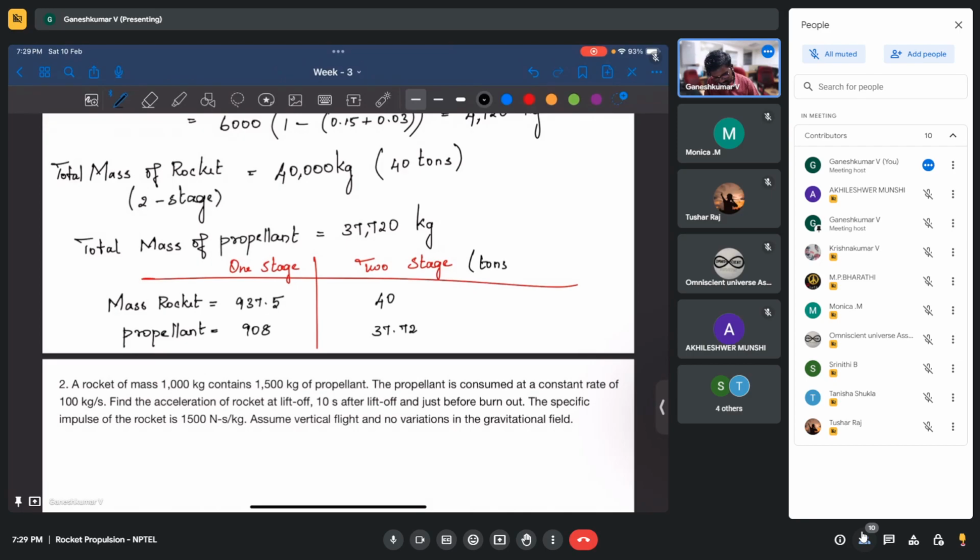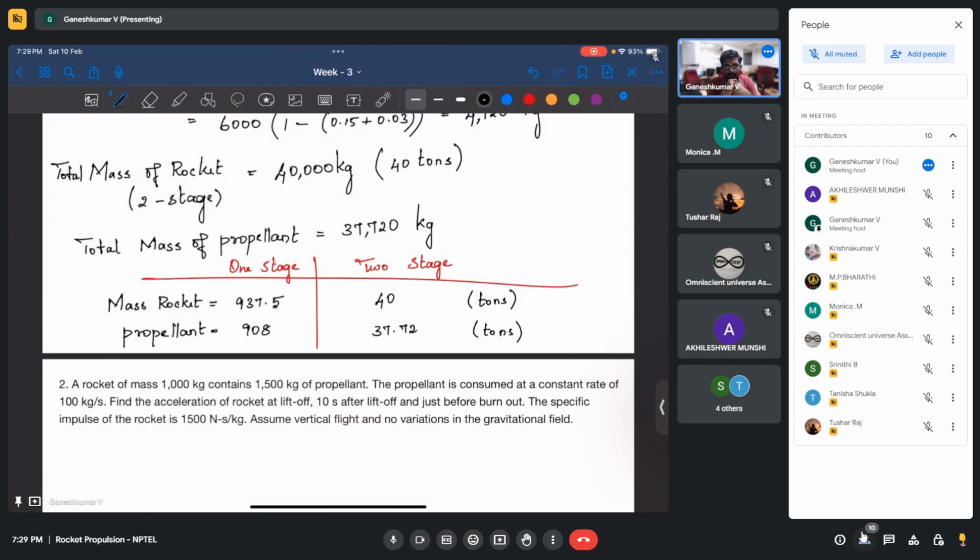All are in tons. So this is a decrease in terms of economic point of view, and also technology level. It's better to operate at multiple stages than as a single stage.